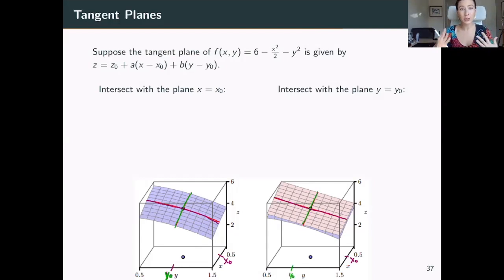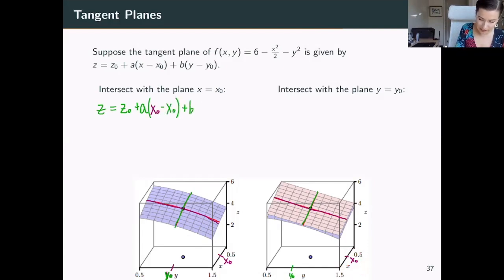Now, if I intersect the plane with these traces, let's start with x naught, that means that my plane I can rewrite as z equal to z naught plus a times x naught minus x naught plus b times y minus y naught.